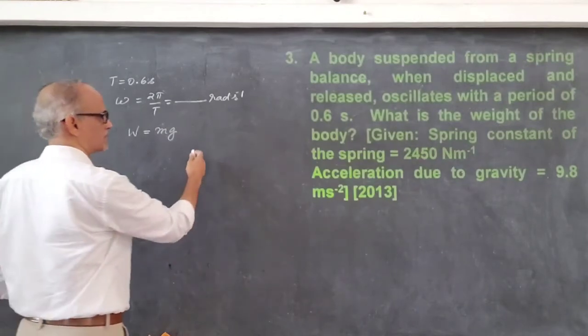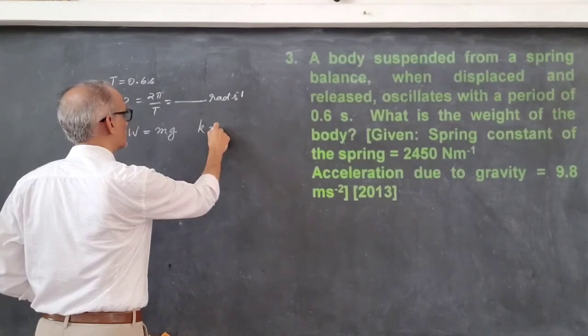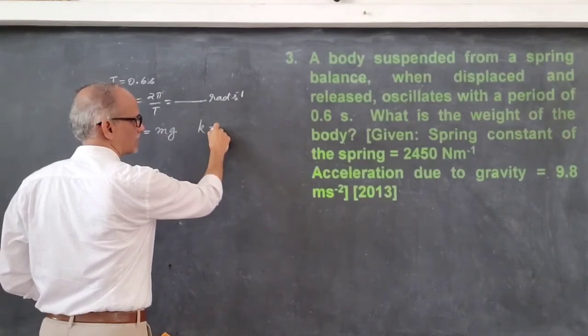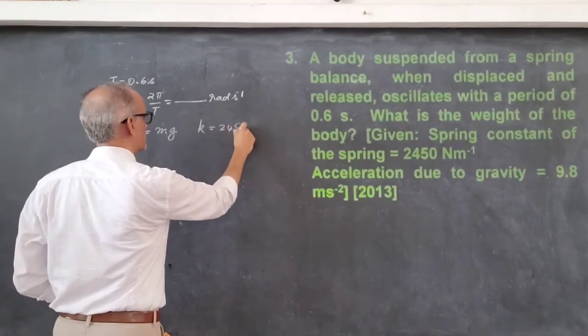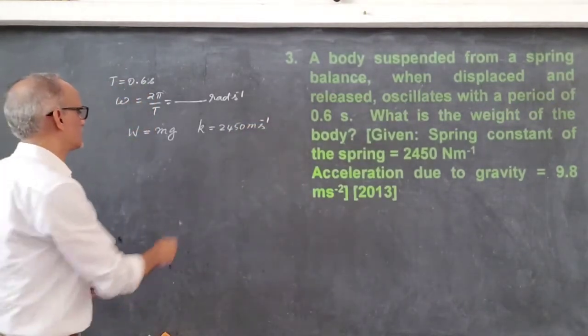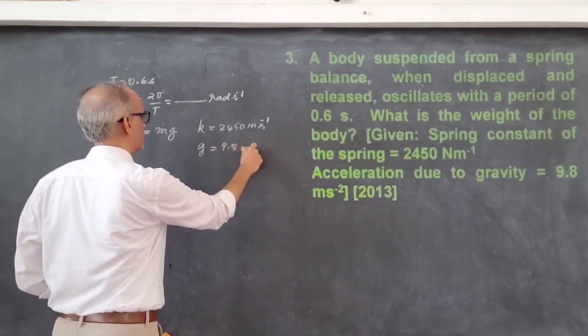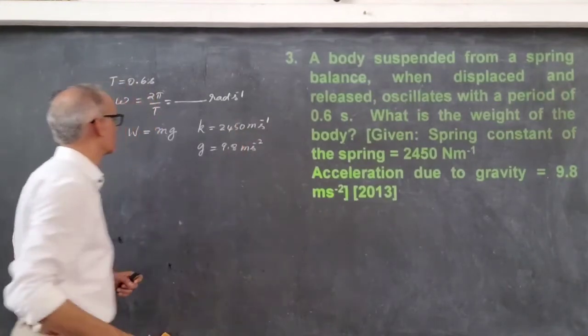So first the spring constant, I will write k, which is 2450 meter per second. After that the acceleration due to gravity g is given, which is 9.8 meter per second square.